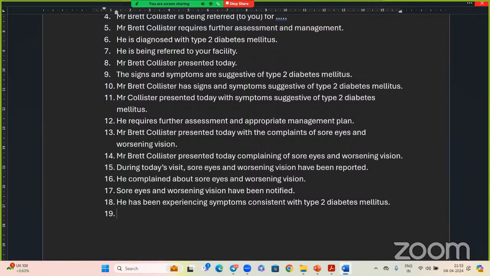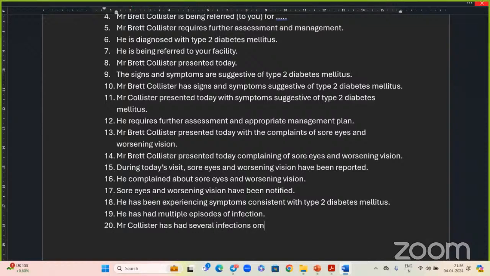That's all. So he has multiple episodes of infection, or you can say he has had multiple, or you can say Mr. Collister has had several infections in the past.